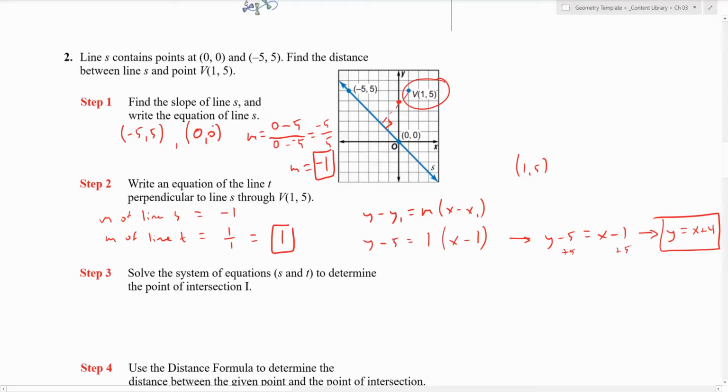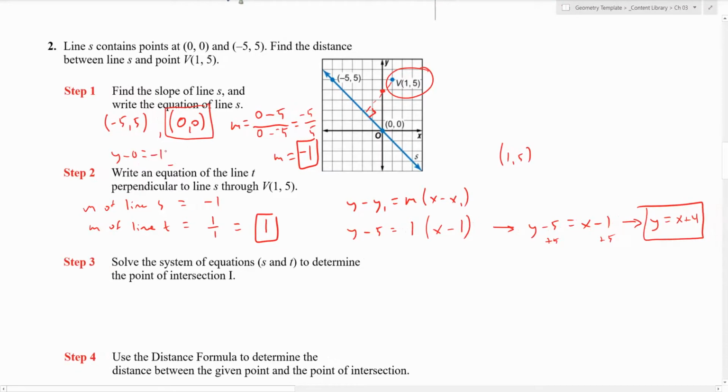So I'm going to use this point and this slope and say y minus 0 equals -1 times x minus 0. Oh my God, look at that. It's so easy. y equals -x. That's the equation for this line S, okay? The equation for line S is y equals -x.